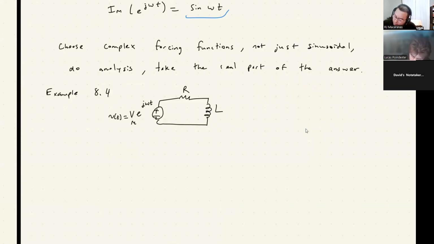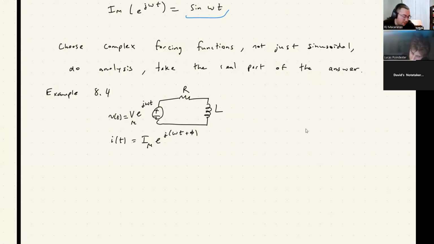And right off the bat, they tell us that we're going to express the response as having the form I sub m e to the j times the quantity omega t plus phi.